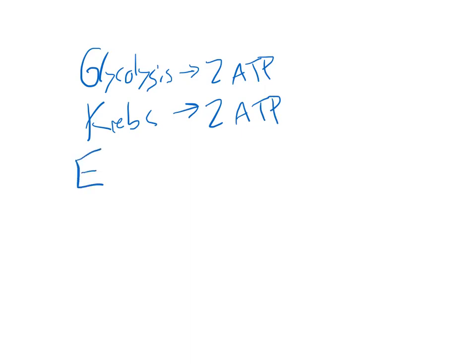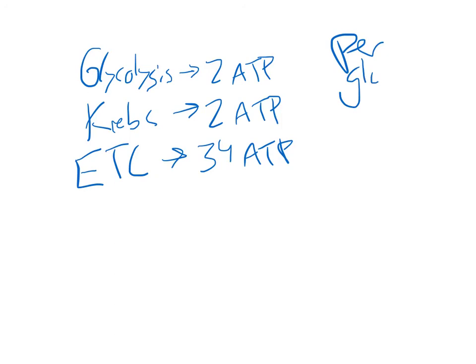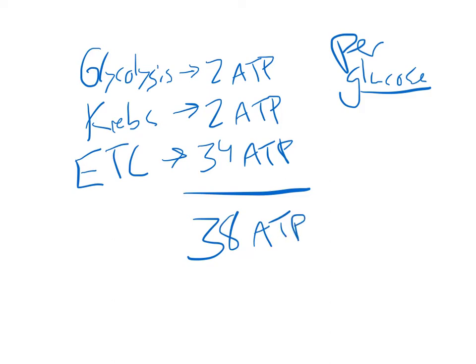The last part, the electron transport chain, is able to make approximately 34 ATP. And this is all per glucose. So at the end of the day, scientists have suggested that we make about 38 ATP for every turn of aerobic respiration when we have a glucose molecule.